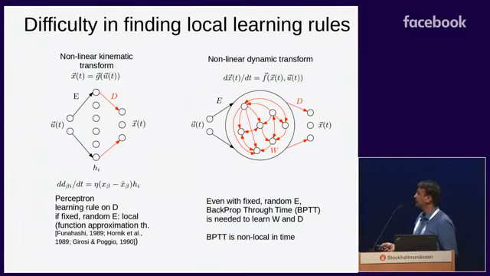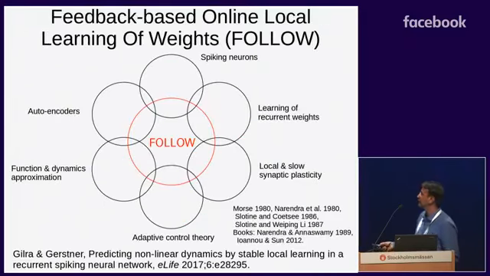And backpropagation through time is, of course, non-local in time, so this will not work. So we are looking at finding local learning rules, and earlier we came up with this FOLLOW learning rule, feedback-based online local learning of weights. The basic ideas of this are borrowed from adaptive control theory, and these are further references. And I will soon explain what this is.